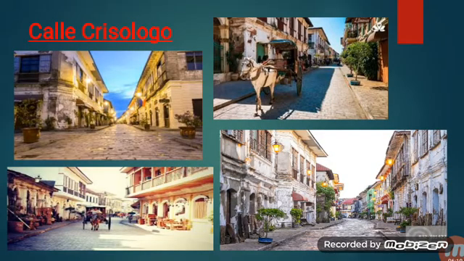Calle Crisologo in Vigan is considered the Intramuros of the North, which retains the Spanish colonial architecture, a fullness of life on the celebration of the Festival of Arts.